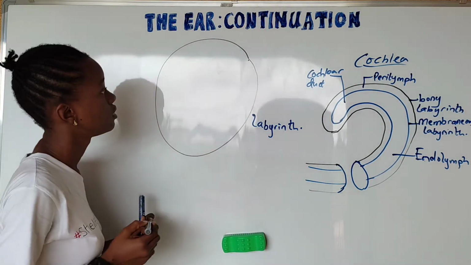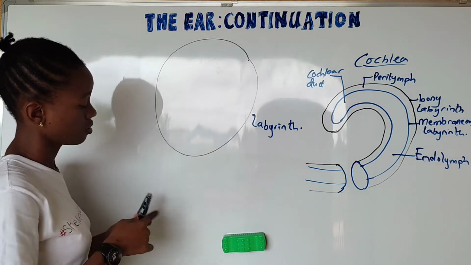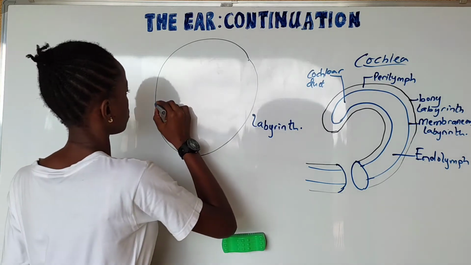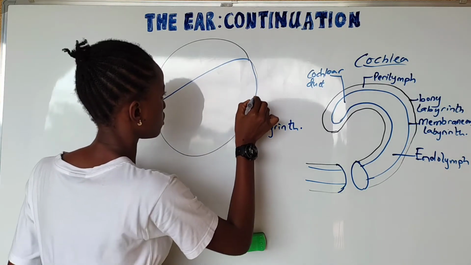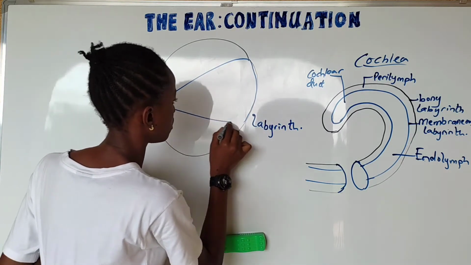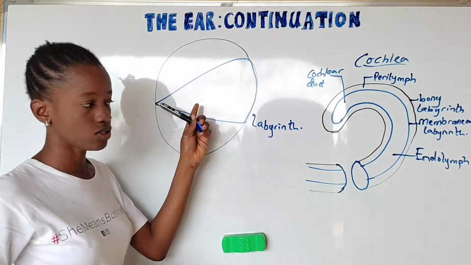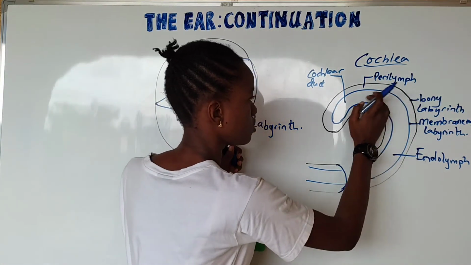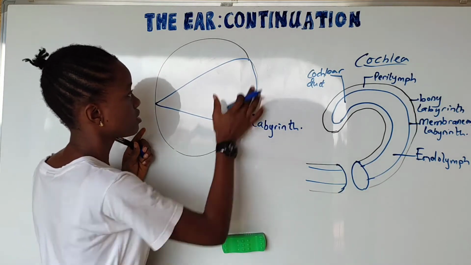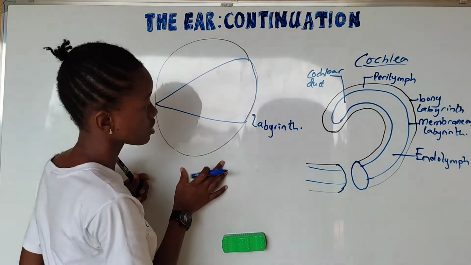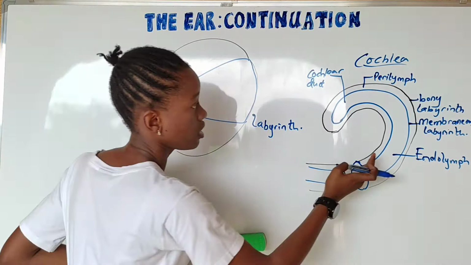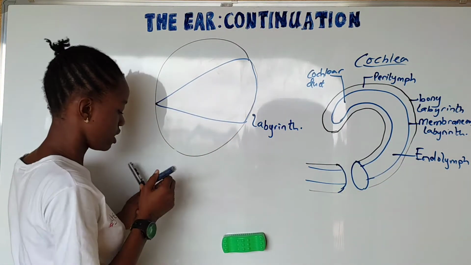The one I've drawn with the blue line is the membranous labyrinth, while the outer one, as I said before, that encloses the membranous labyrinth is the bony labyrinth.